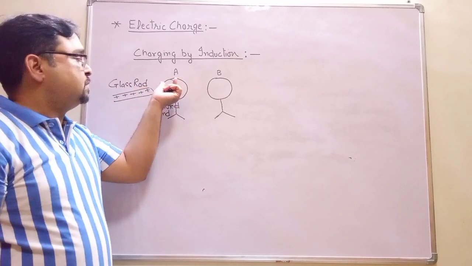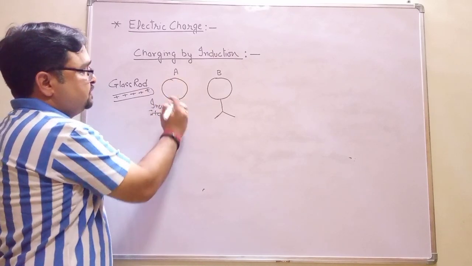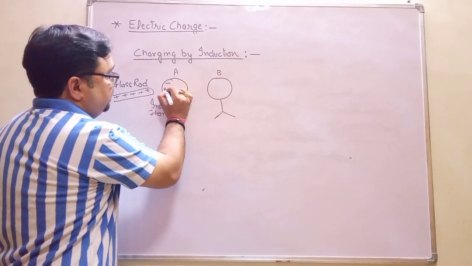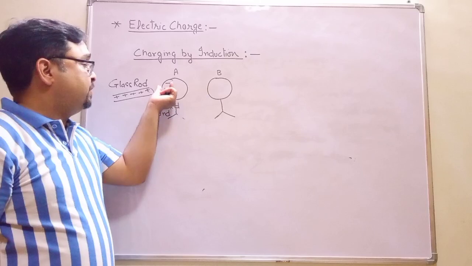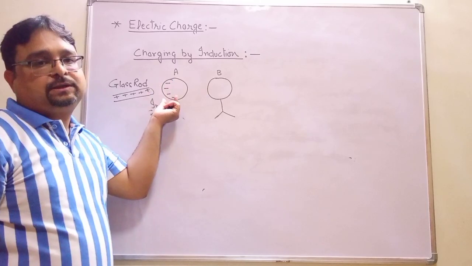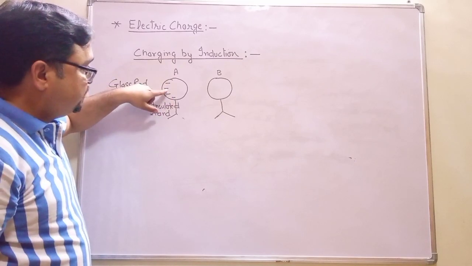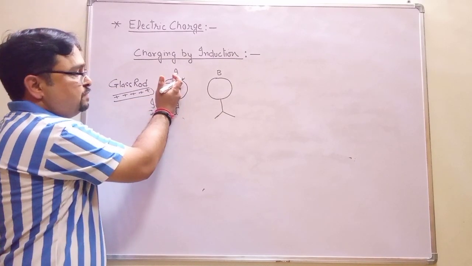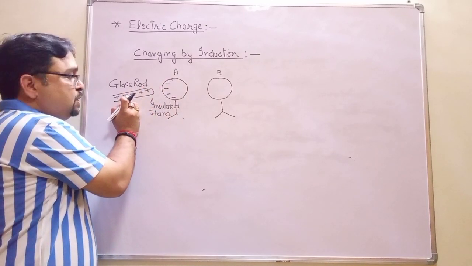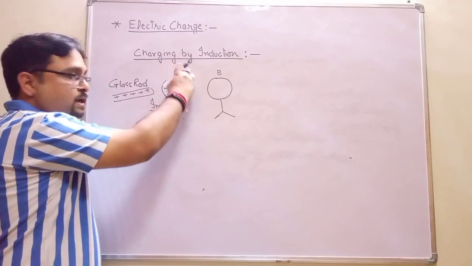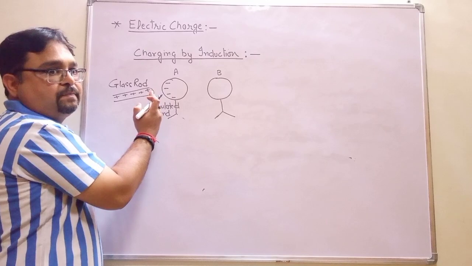closer to this metal sphere A, then the left surface of this metal sphere will induce negative charge. So the left surface will have negative charge induced, because all negative charge of this sphere will be attracted by the positive charge of the glass rod. So all the negative charge which was inside this metal sphere will shift towards the left side.